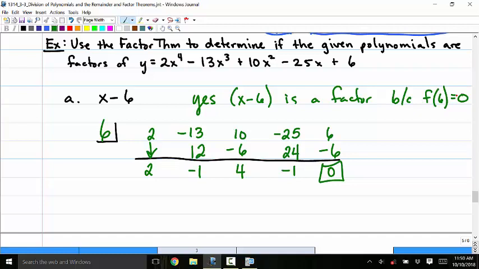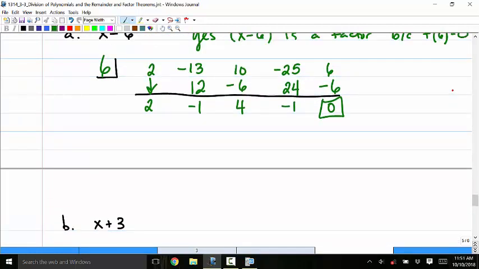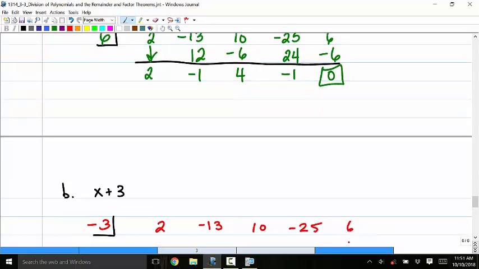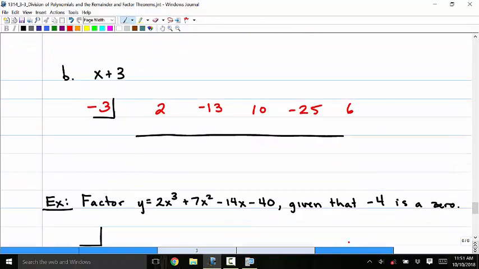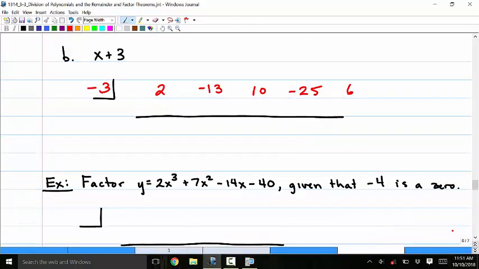We have another one. Is x plus 3 a factor? So this time what's going to go in the half box? Negative 3. Coefficients are the same, correct? 2, negative 13, 10, negative 25, and 6. Drop down the 2. 2 times negative 3 is negative 6.